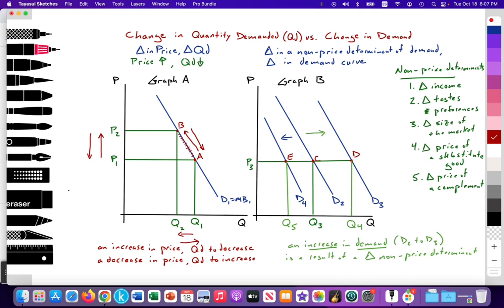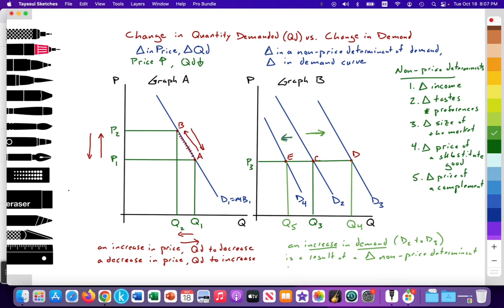So here we can see no change in price, but there's another force, maybe a change in income, a change in tastes and preferences, a change in the size of the market, that is causing the demand curve to, in this case, increase from D2 to D3 or decrease from D2 to D4.